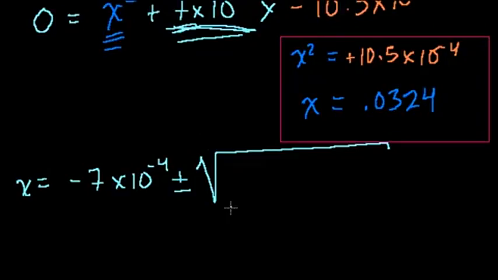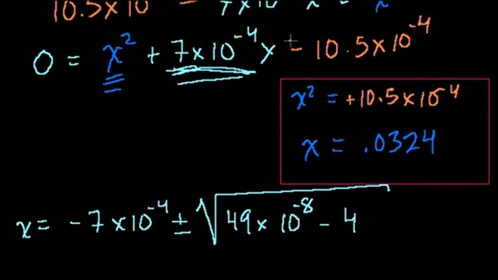So b squared is 49 times 10 to the minus 8, right? 7 squared, and then 10 to the minus 4 squared is minus 8, minus 4 times a, which is 1, times c. Well, c has a minus sign there.